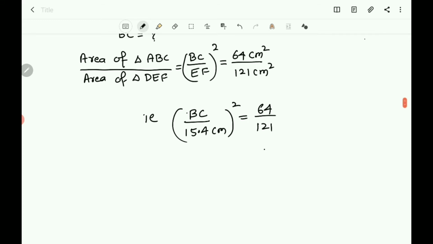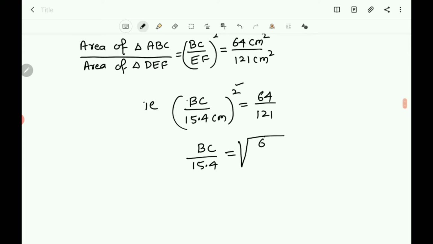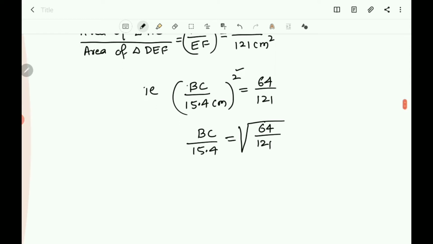So you can cancel cm square. Now to find BC by 15.4, you take the root. If you want to remove the square on the LHS, then you have to take the root on the RHS. So BC by 15.4 whole square is equal to 64 by 121.